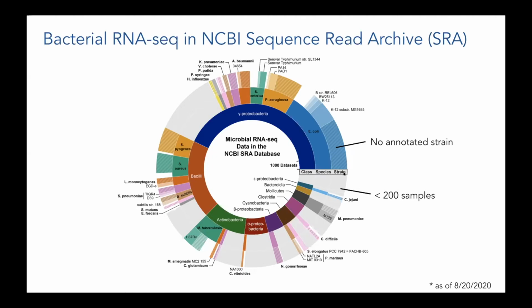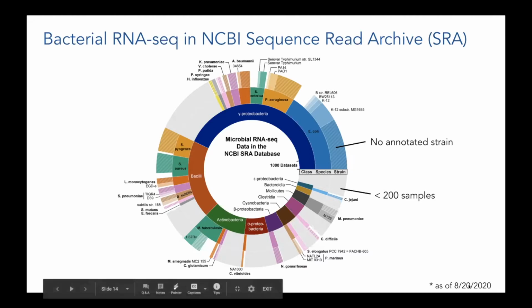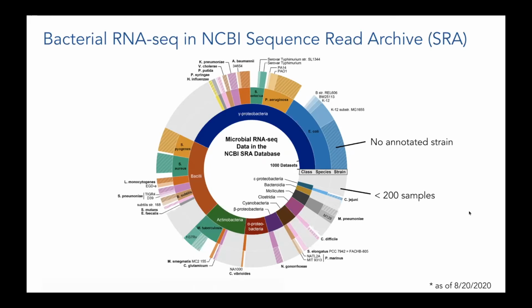One thing that we noticed was there's no annotated strains for a lot of species and a lot of the data sets in SRA, so we had to do a lot of manual curation. All of these hatched lines here represent data sets that were deposited that didn't tell us which strain they were from. And this data is from August 20th of 2020, so it could be significantly larger now.